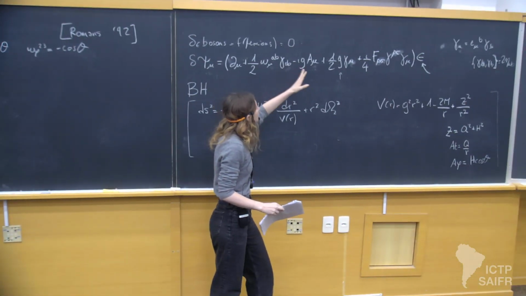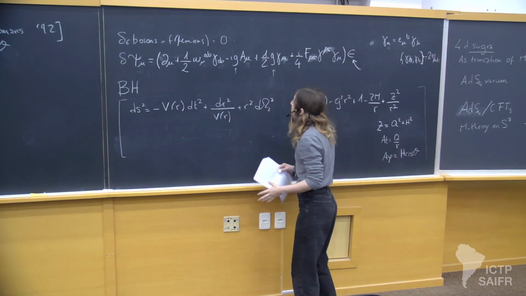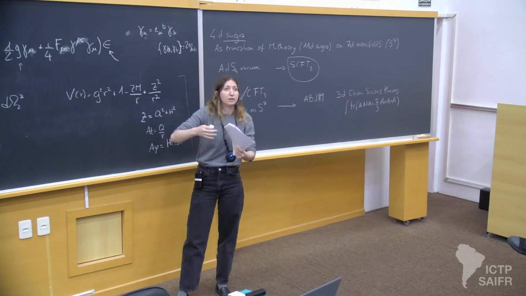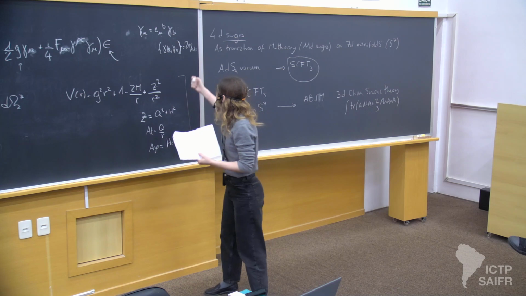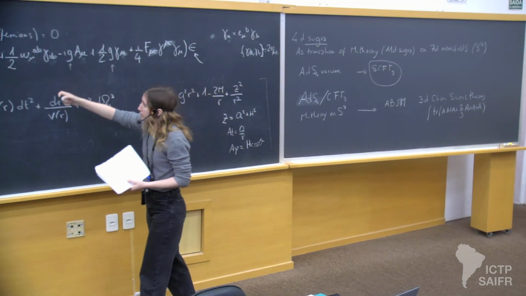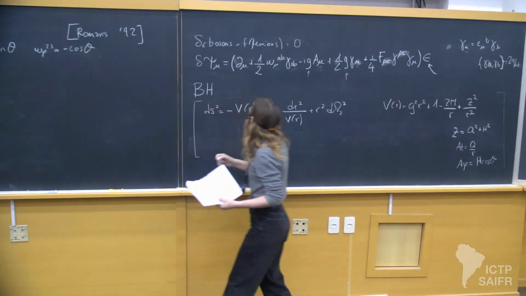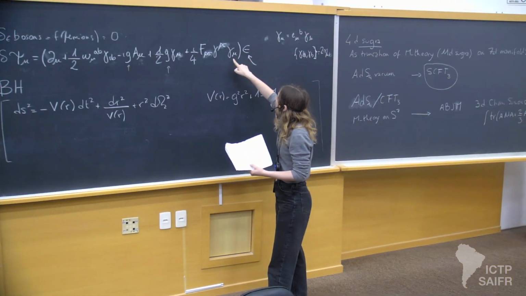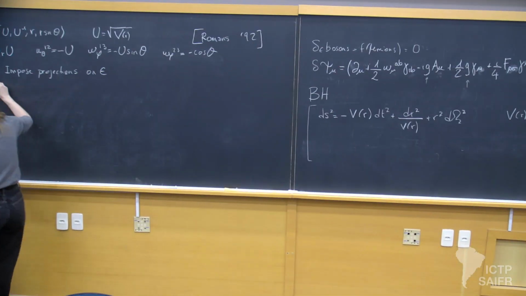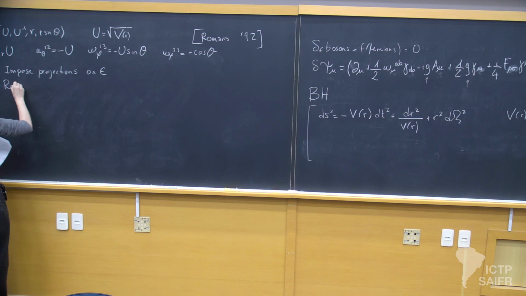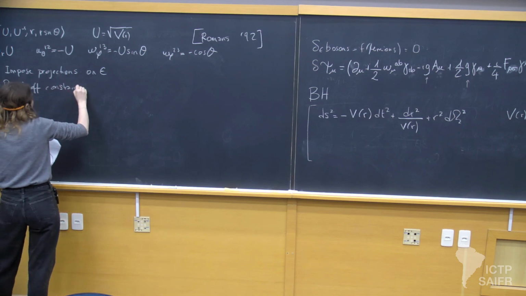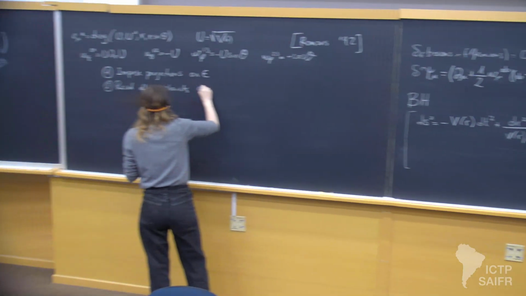The terms with gamma mu, gamma rho sigma, and so on, since gammas give a basis, are all independent, so it's not automatic that these terms talk to each other. What you need to do is impose projections on your spinor to make these terms talk to each other. Then, once you manage to get things to work, read off the constraint on bosonic fields.